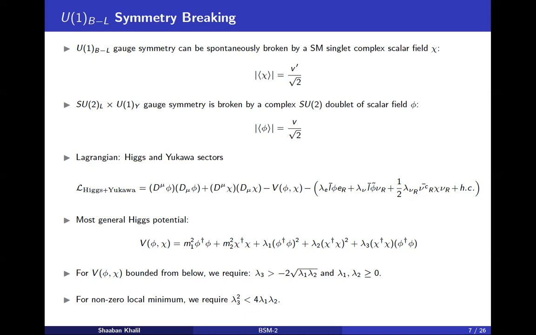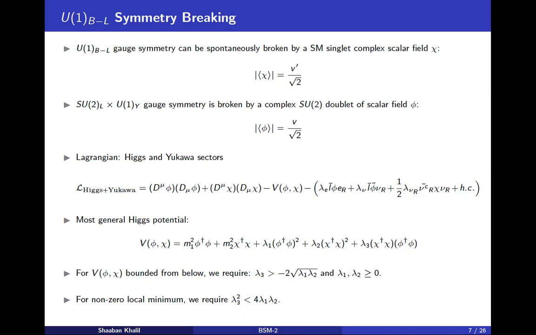This is the standard model potential for the scalar that we discussed last time. Now we do a similar potential for chi: m2 squared chi squared and lambda 2 chi to the power 4, very similar.